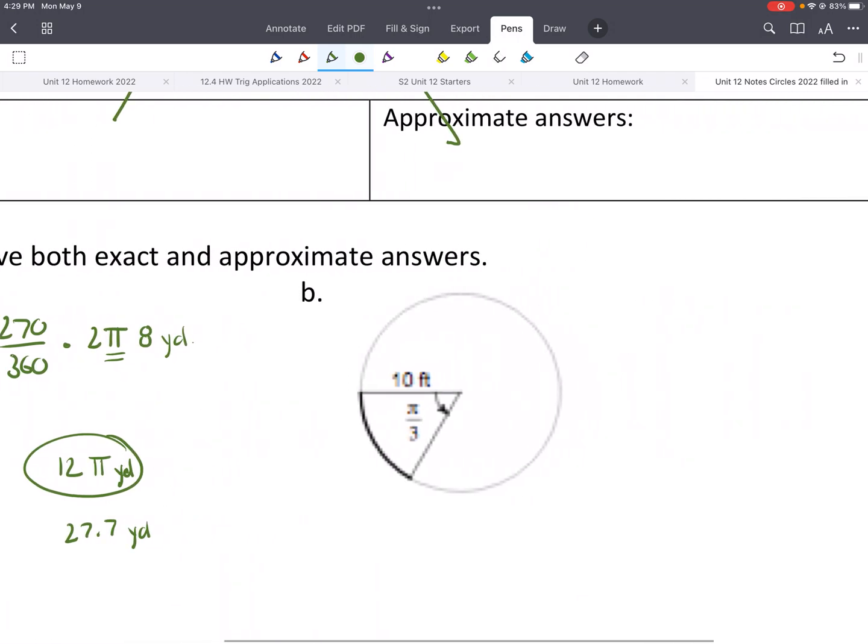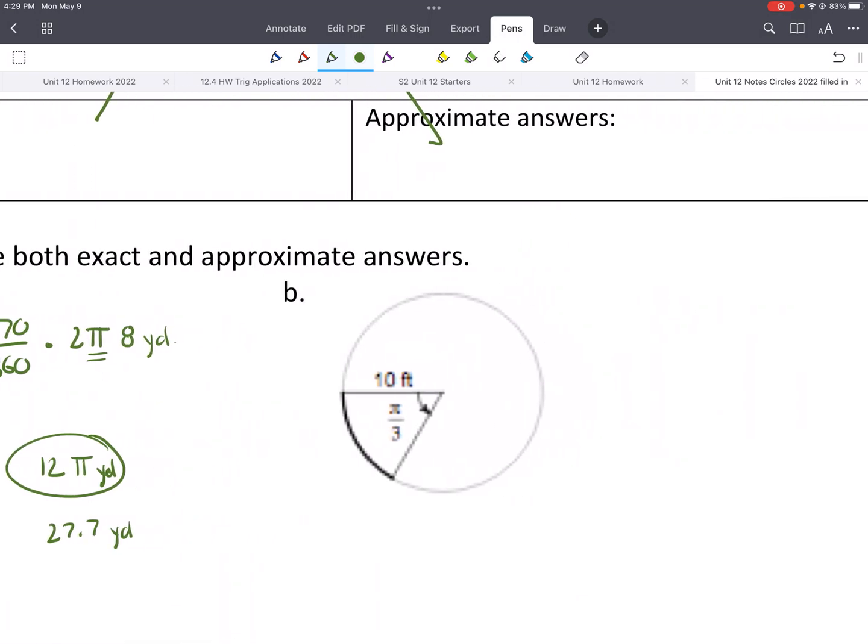All right, next one. This one's in radians. So instead of doing the angle amount divided by 360, we're going to do pi thirds divided by 2 pi. Then we'll multiply it by the circumference, so 2 pi r, which here is 10 feet.